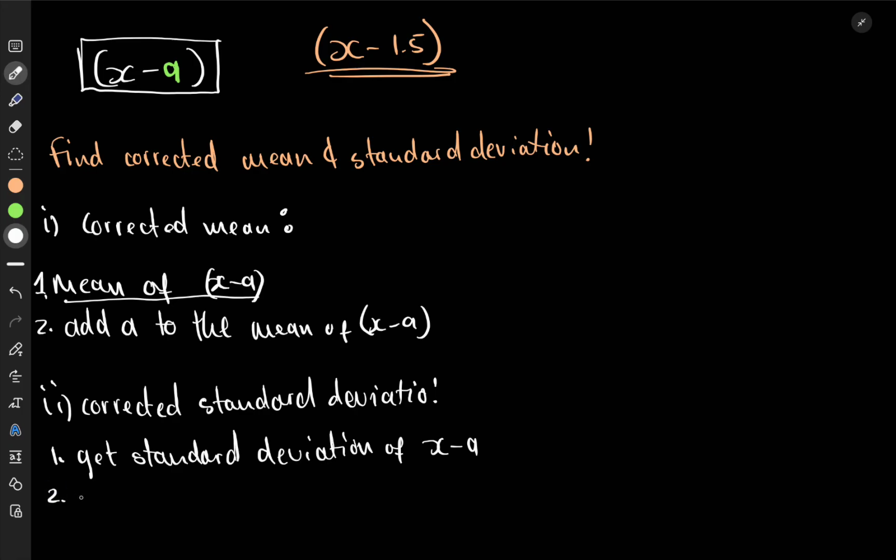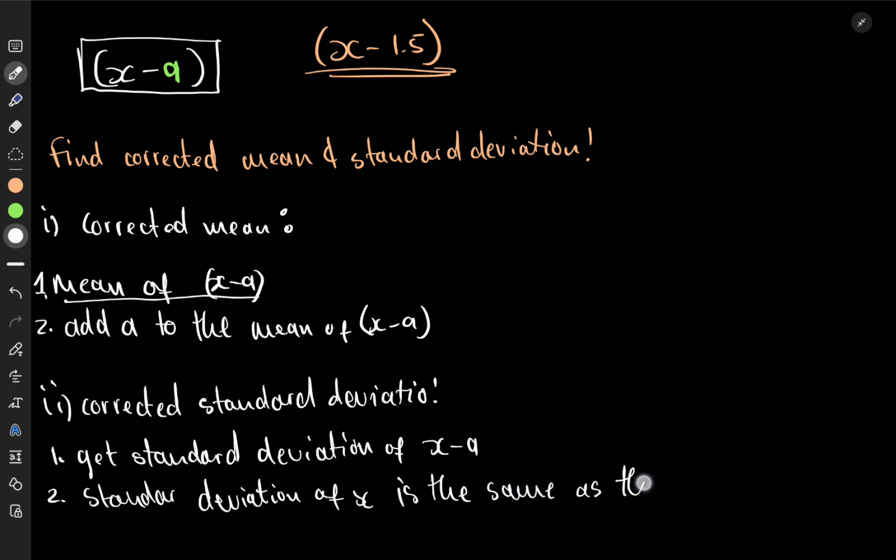Then step two, the standard deviation of x is the same as that of x minus a. Done. So the standard deviation won't change. You just get the standard deviation of x minus a, and you use that value for the standard deviation of x. Then you're done, and this is it.